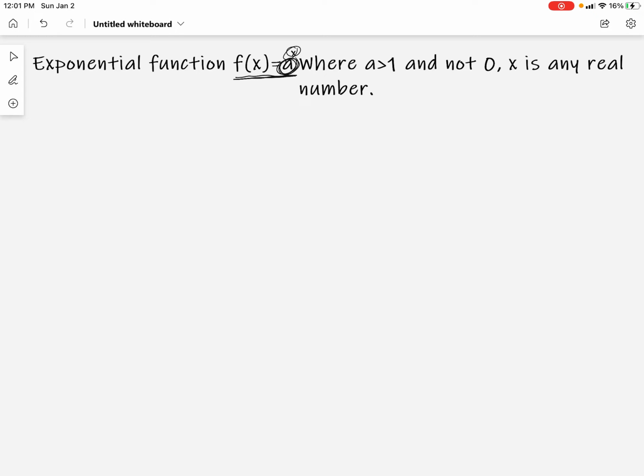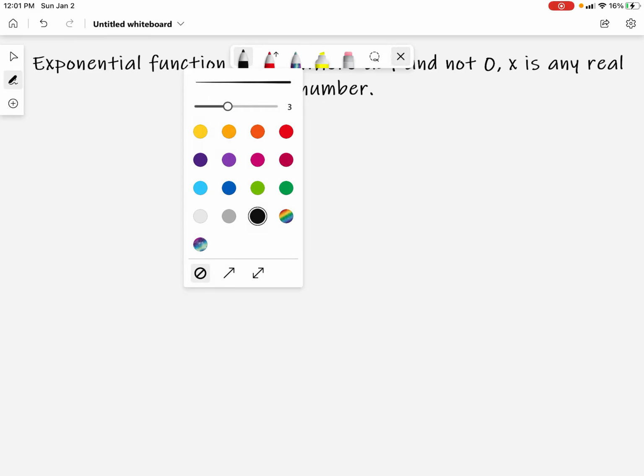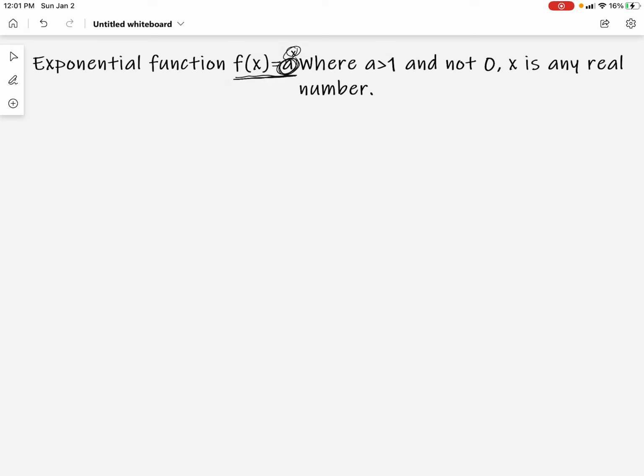Okay, so let's go back and talk a little bit about the properties of these exponential functions. So the first property that we want to talk about is called the one-to-one property. Now, if you remember when we introduced functions, any function, they have a one-to-one property. What that means is that for every x, there's a single specific y that makes that statement true.